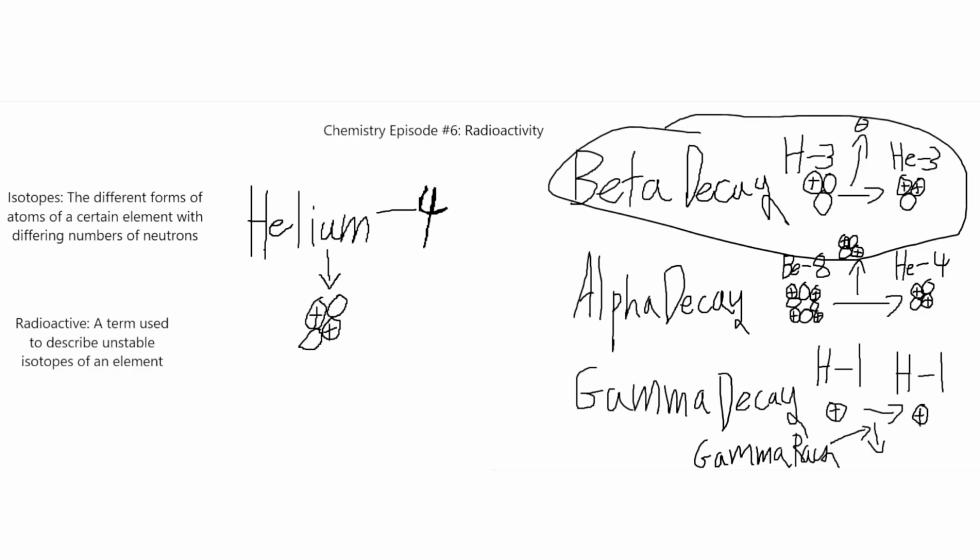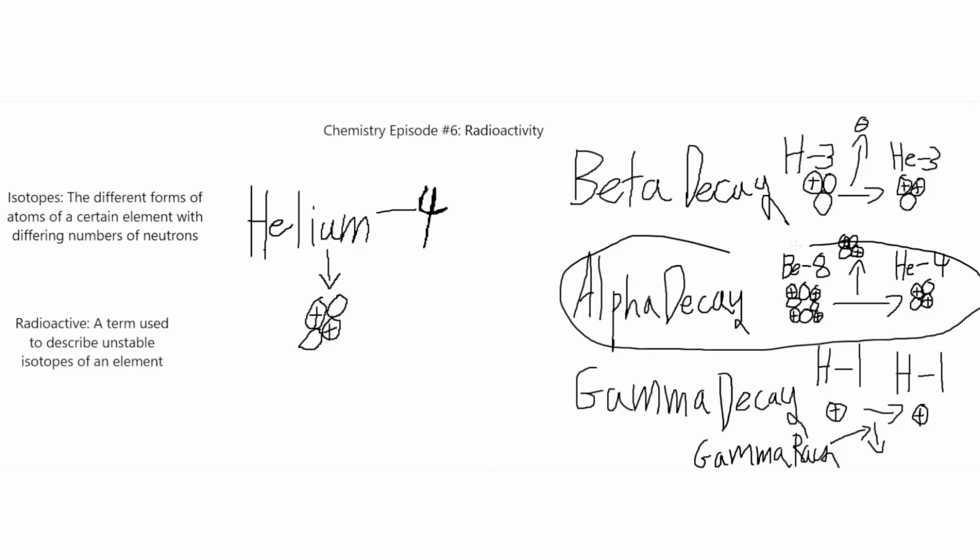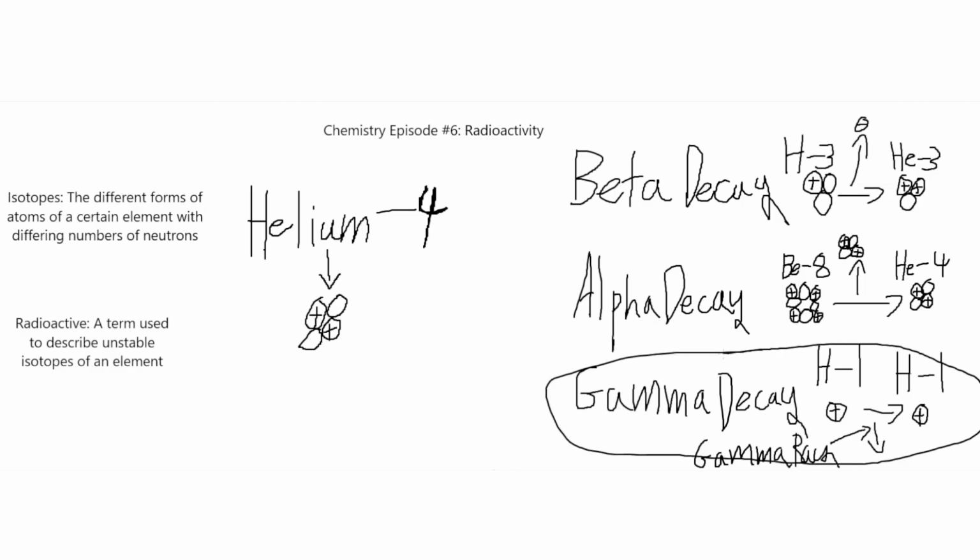Beta minus decay is a neutron turning into a proton. Alpha decay lets out an alpha particle, which is just a helium-4 isotope. Gamma decay is when an atom is excited, so it releases a gamma ray. And finally, half-lives, which is how long it takes for half of the atoms of a given isotope to decay.